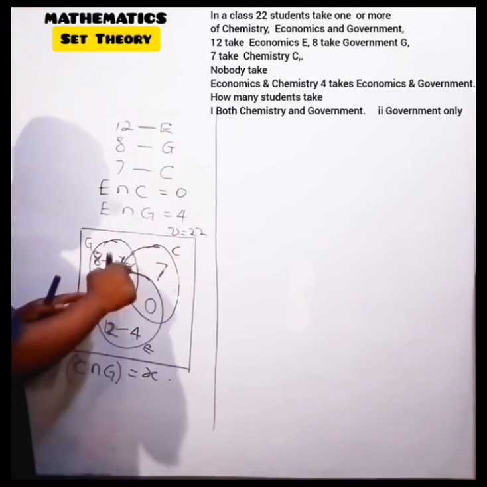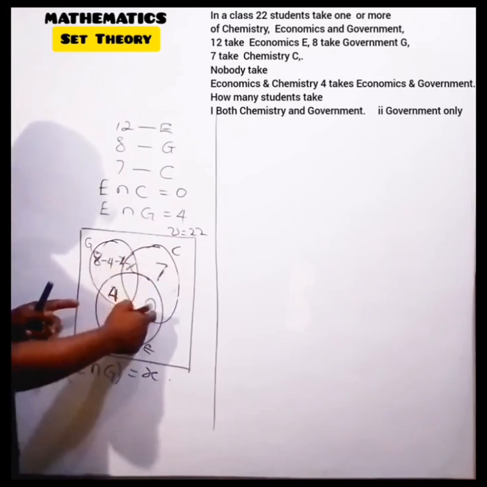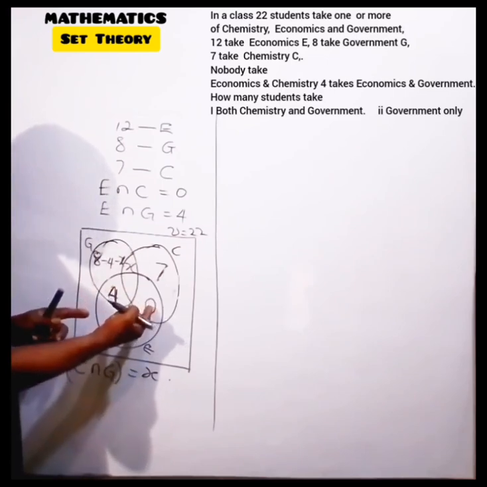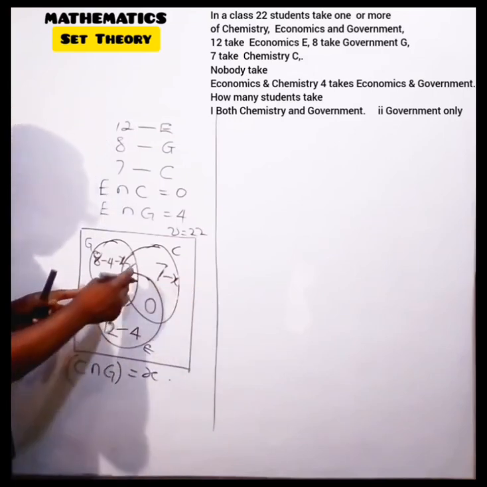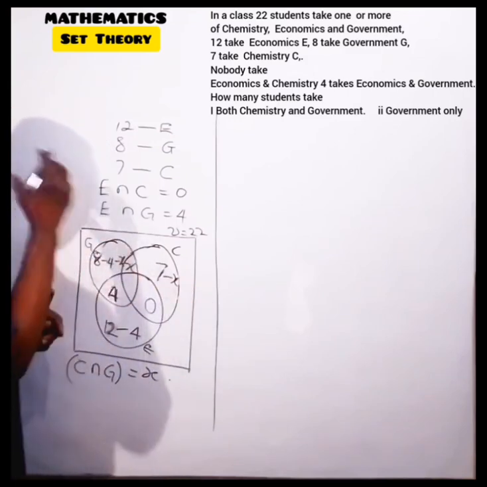Then you subtract these two, but because this is 0, this is 7 minus x alone here. Then we have the value here, let's take it as x there.